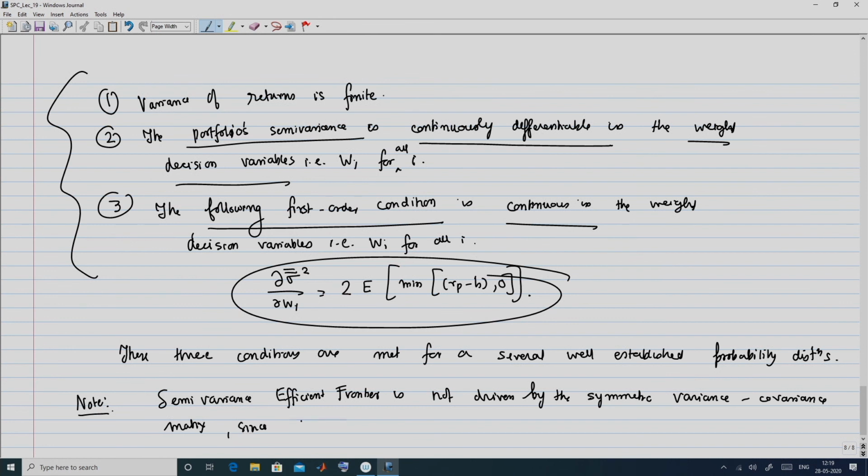The reason for this is that this semi-variance defined by Markowitz results in what is known as the co-semi-variance, which is not symmetric.